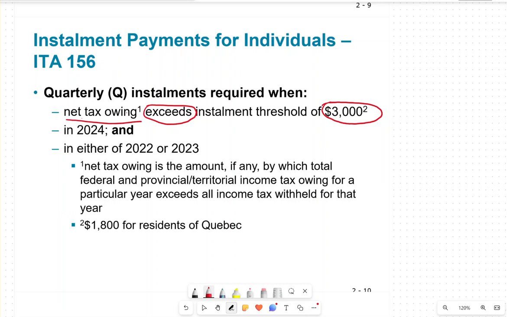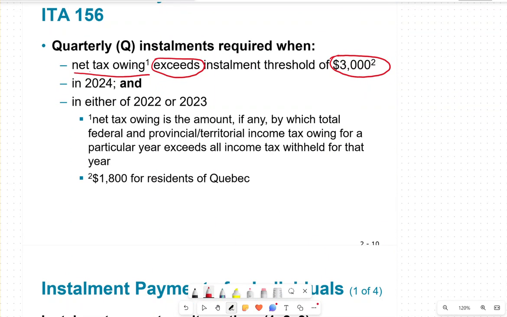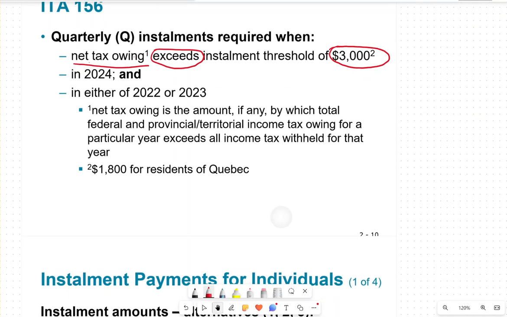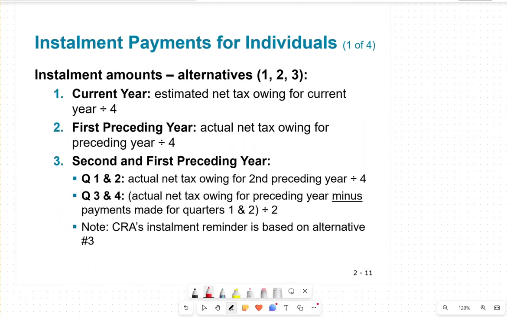You're required to make installments so that it's easy for you to make the payments. Otherwise you have to pay a lump sum. So we calculate installments, and there are 3 alternatives to calculate it: alternative 1, alternative 2, alternative 3.